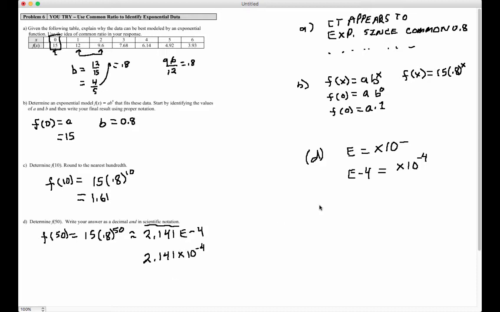Okay, so that would be the scientific notation version of the answer, but they want us also to write it as a decimal. So recalling what that times 10 to the -4th means is that another way of thinking about that is 1 over 10 to the 4th power, because that's what the negative exponent means. Well, so that means what? That's 1 over 1, 2, 3, 4, or 1/10,000th. And notice that what that does is that takes the decimal point, which currently resides here, and moves it 1, 2, 3, 4 places to the left.